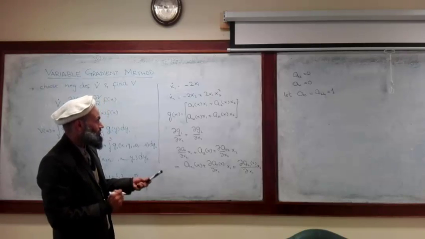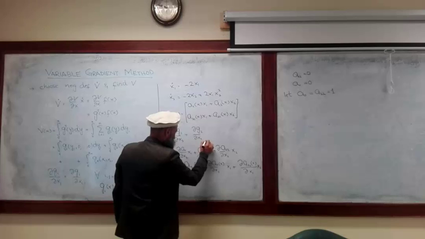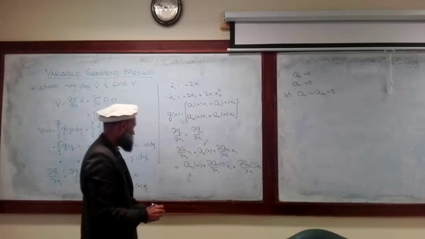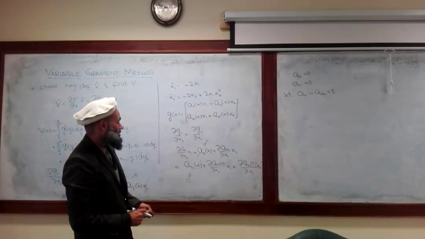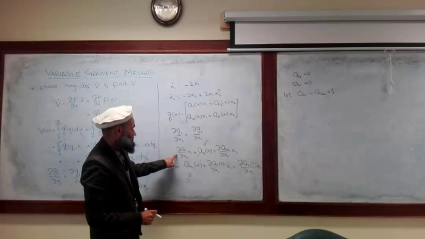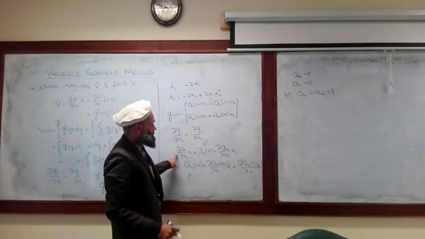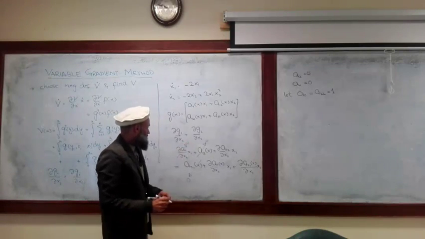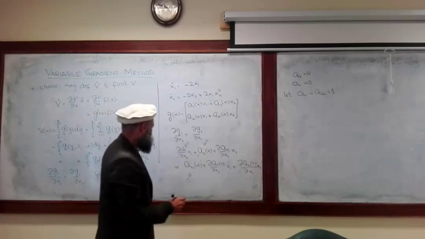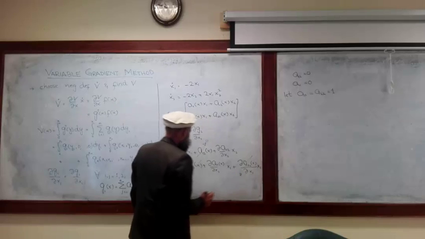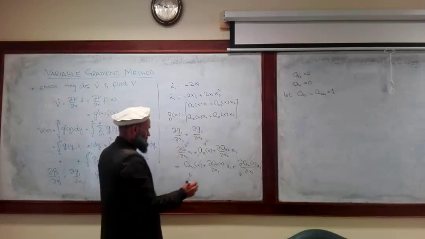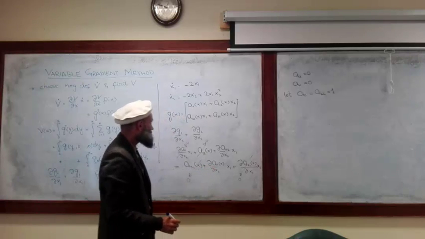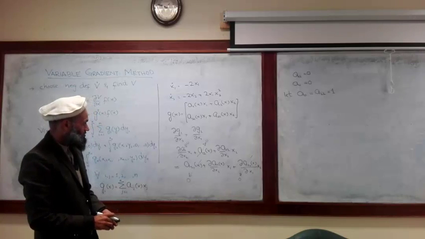We have selected a12 equal to 0, so this term is 0, a21 equal to 0, so this term is equal to 0, and then a11 is taken equal to 1, and its derivative with respect to x, this will also be equal to 0, and a22 is also taken equal to 1, so this term is also equal to 0. a21 and a12, these are selected equal to 0.